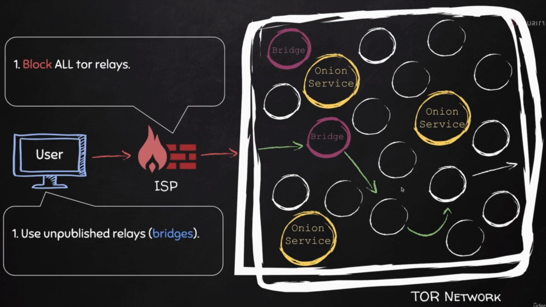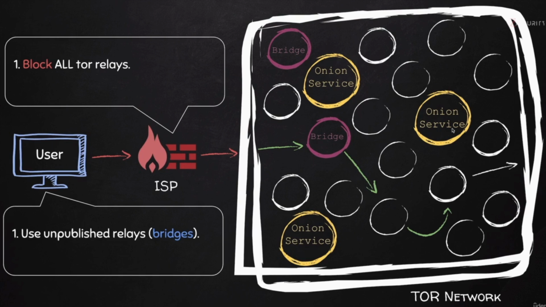So to bypass this, we can just use a node that is not publicly available. It's not being advertised. That way, when we try to connect to it, the internet service provider will not have this node in its list, and therefore we can connect to it and then continue using Tor, going out to another website or even going in and accessing an onion service. So this is pretty good.